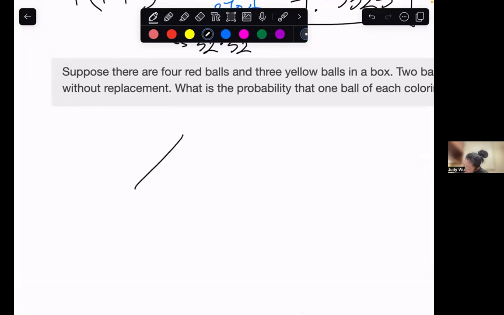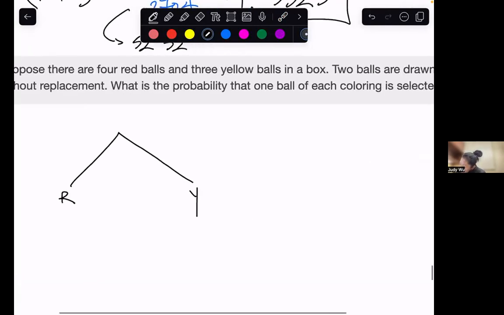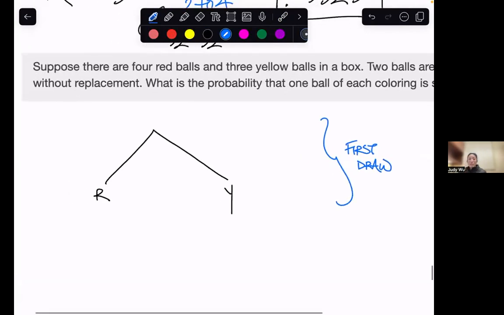So in the first draw, you can either end up with a red ball or a yellow ball, okay? And so this is our first draw. And let's look at the probabilities of each of these as we go.